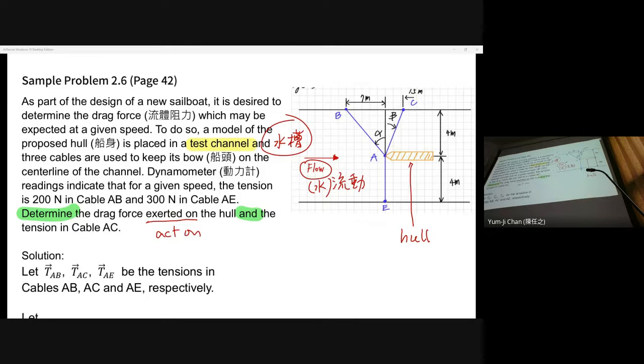And before drawing the free-body diagram, I want to ask how many forces are here in this problem. We have cables here, so we have at least 3 forces. How many forces do we have in this problem? 3, at least 3, right? 3, 4, 5, 6, 7. How many?